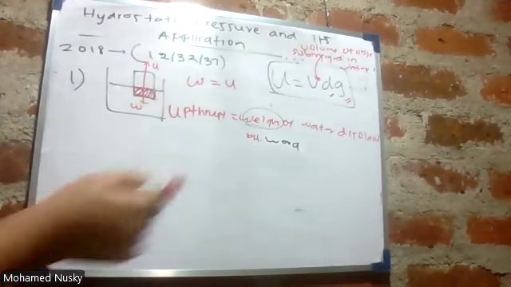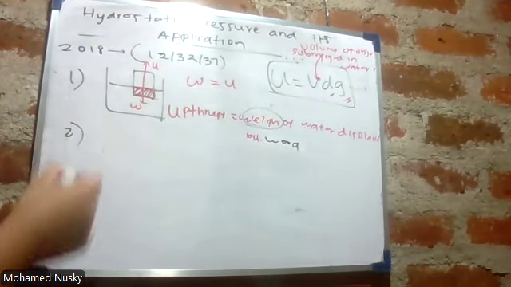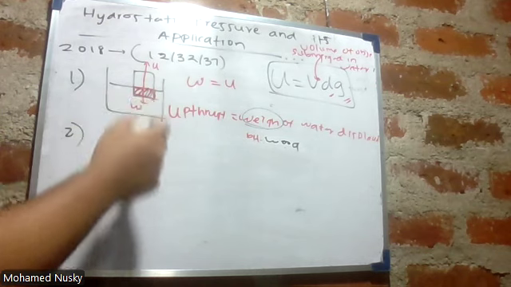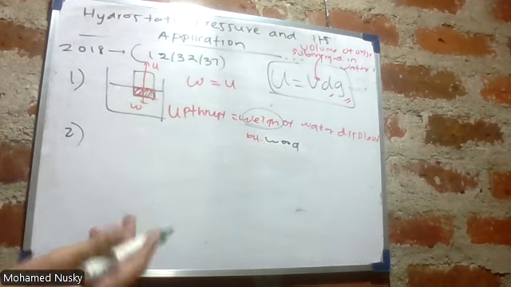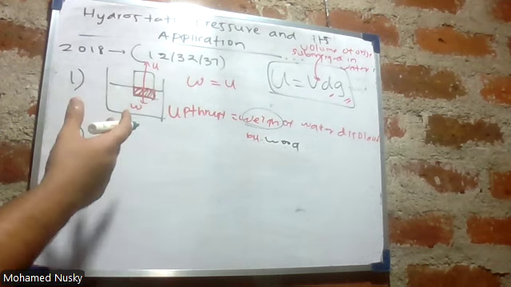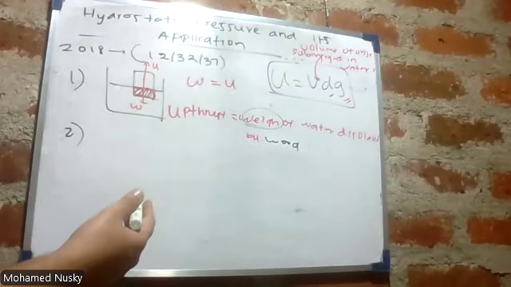Then what is the second statement? The weight of liquid displaced by A. I said earlier, what is the volume of water displaced by the wood? Volume of water displaced by A is V. I have shown it to you earlier.